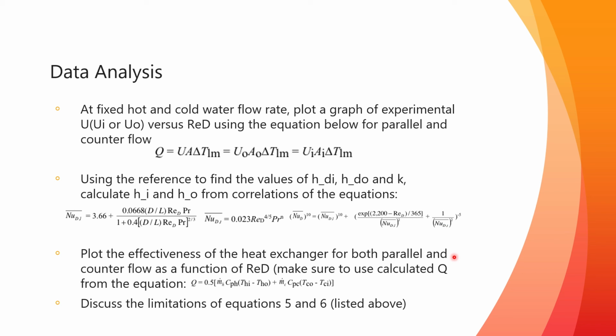This is equation 5, equation 6, and equation 7 from the lab guide. Also, plot the effectiveness of the heat exchanger for both parallel and counterflow as a function of Re_D, making sure to use the calculated Q from the following equation, and discuss the limitations of equation 5 and 6.